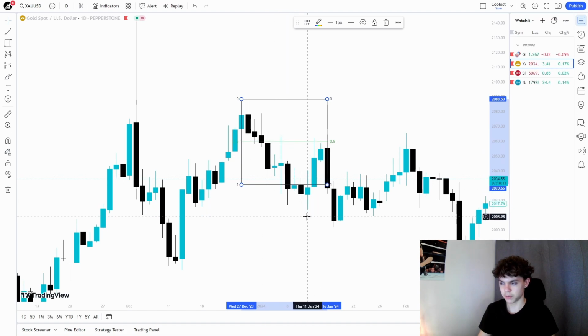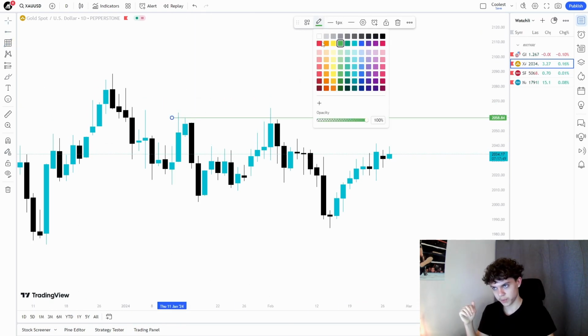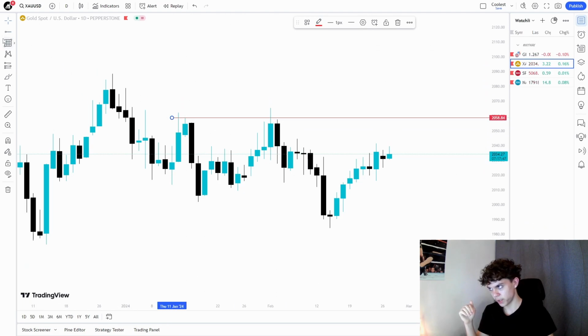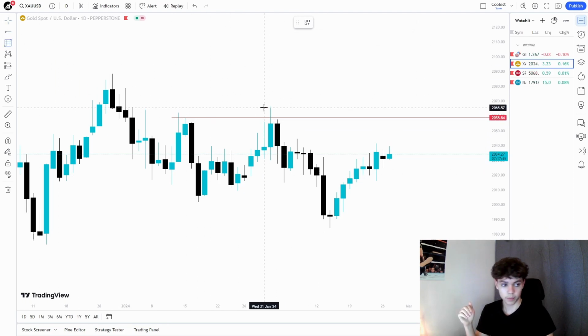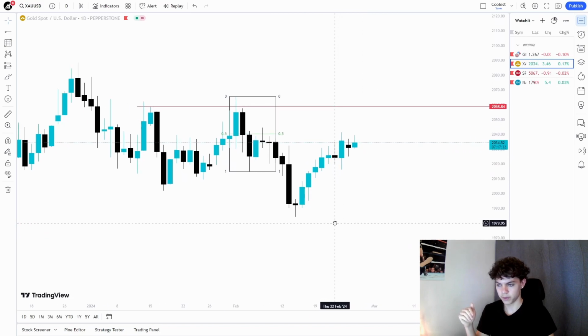Continues direction. Okay, and what happens here? We sweep liquidity, right? Like I told you, this is a retracement tool. We swept liquidity from high to low, like a retracement. Boom, right here to the low, swept, continues down, whatsoever.